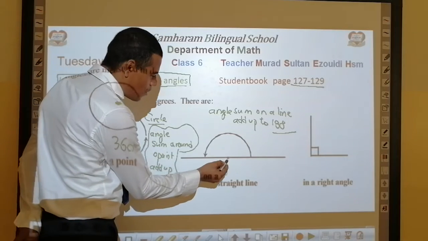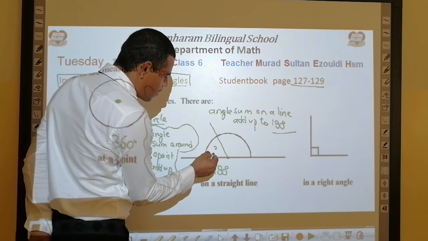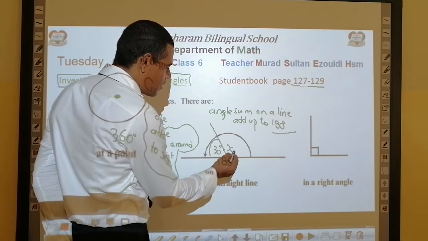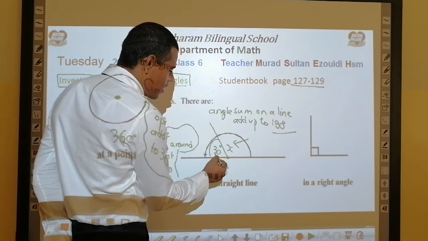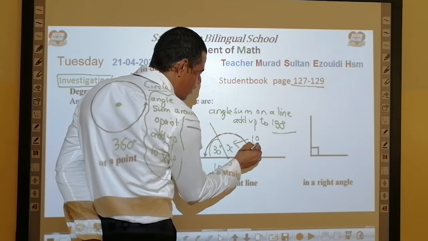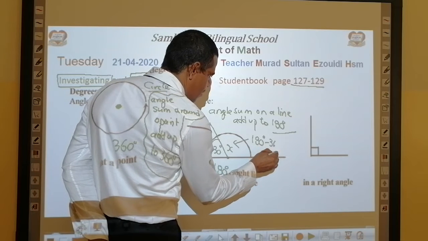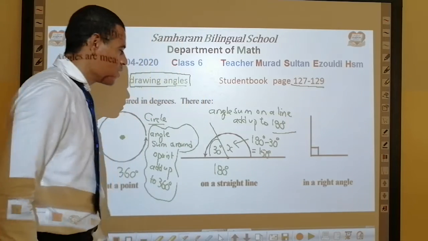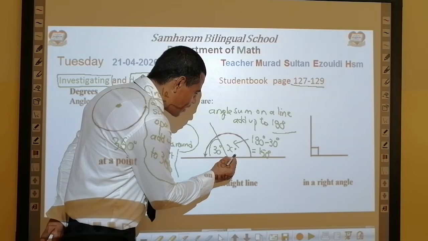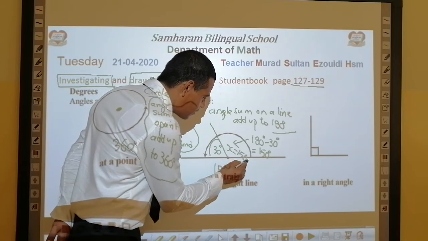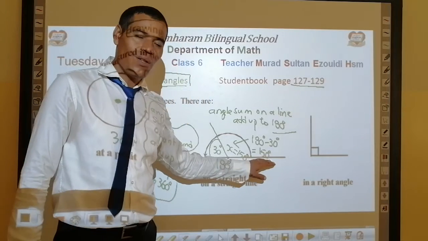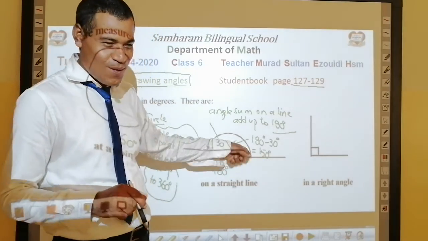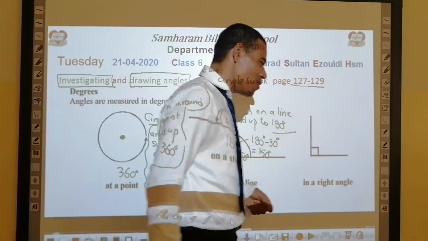For example, if this one is 30 degrees, find x. x is equal to 180 minus 30, which gives 150 degrees. Whatever the angles on a line, they always add to 180.